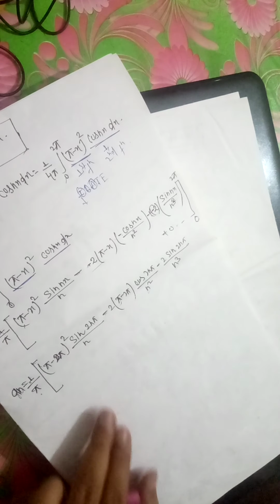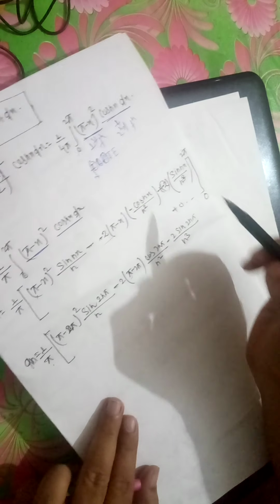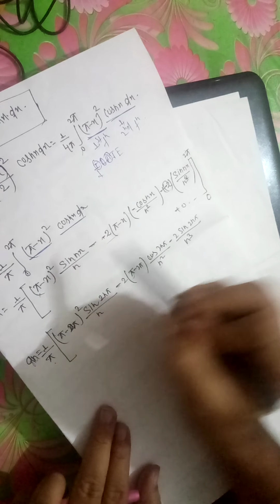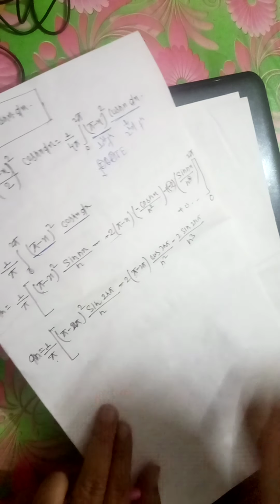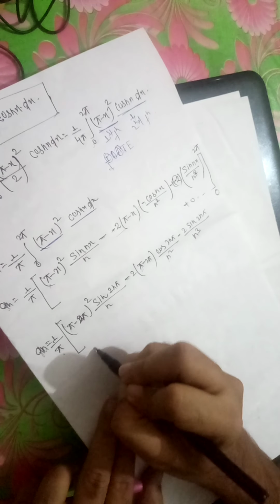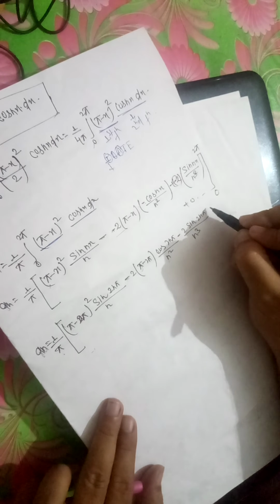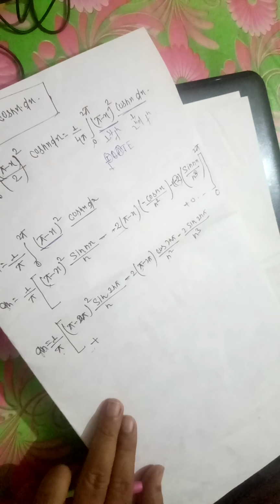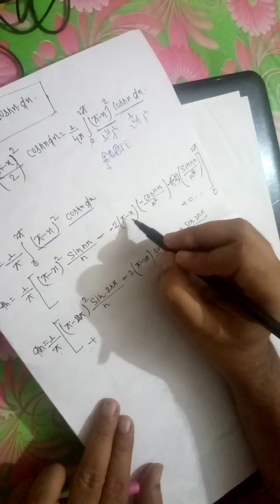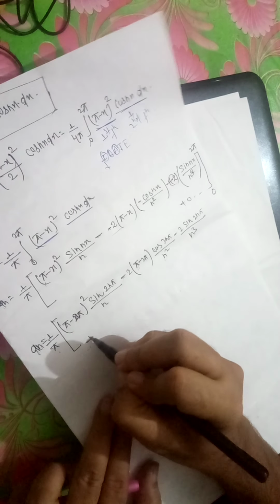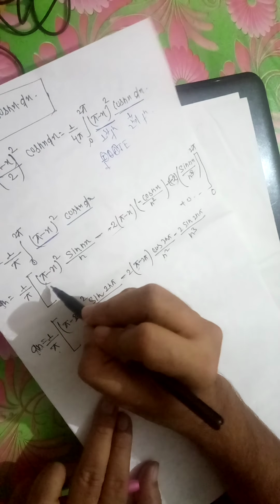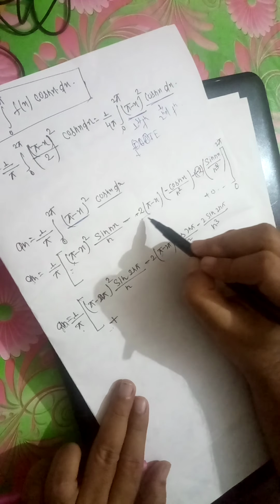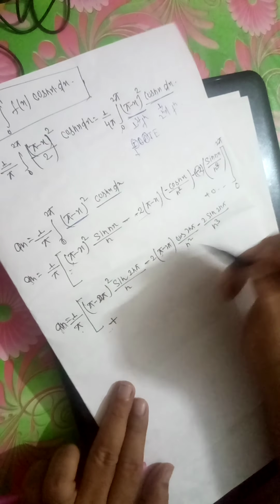Okay, this function. Now we will put the value 0 here. This function is 0, and what is the value of this function? We will change the sign to plus. We put the value 0, so this whole value is 0 because sin 0 is 0. And what is the value of this function?